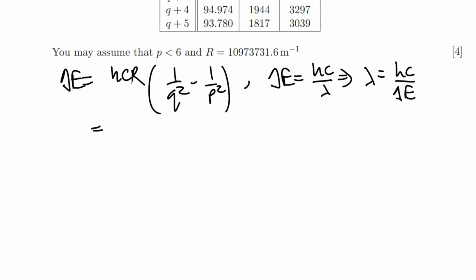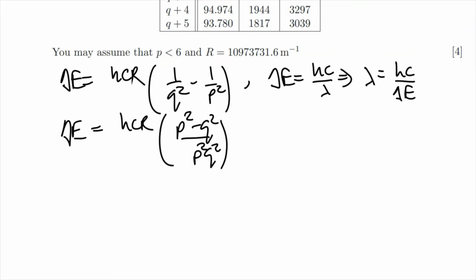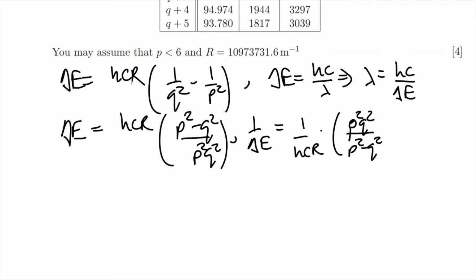If we put all this together, we get delta E equals hcR times P squared minus Q squared over P squared Q squared. So then 1 over delta E is 1 over hcR times P squared Q squared over P squared minus Q squared.